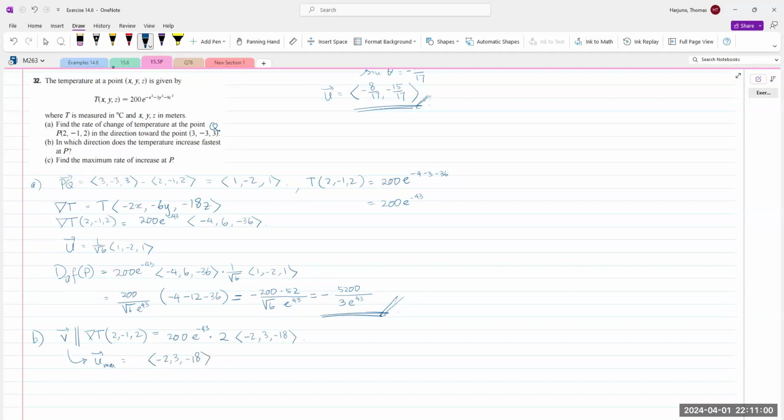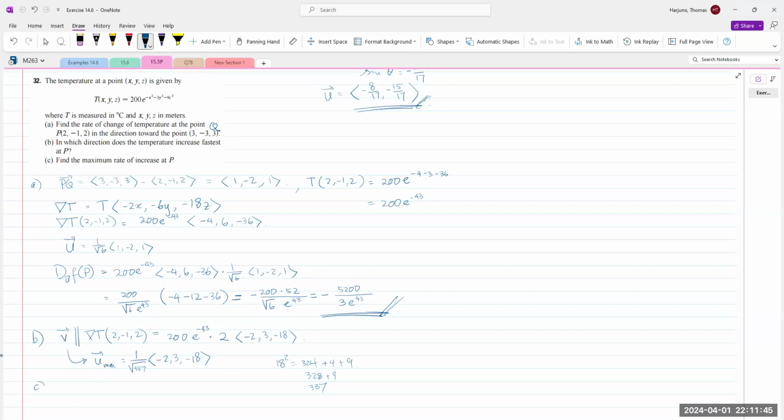But then I need to divide by the magnitude. 18 squared, as I remember, is 324, plus 4 plus 9. So 328 plus 9, that's 337. So 1 over square root of 337 times negative 2, 3, negative 18. That's the direction in which we can increase the temperature the fastest.